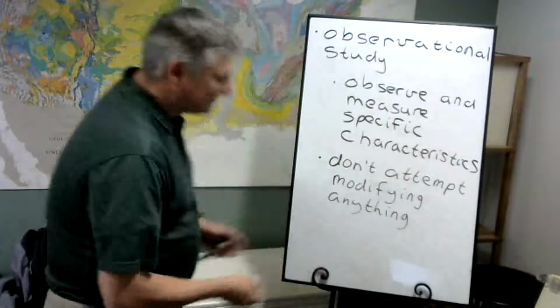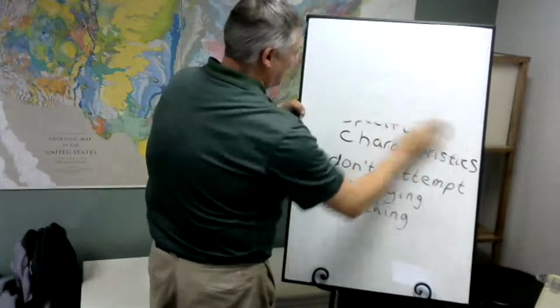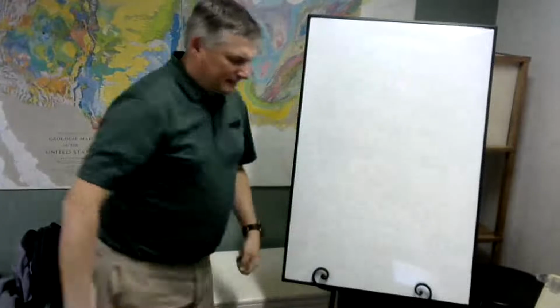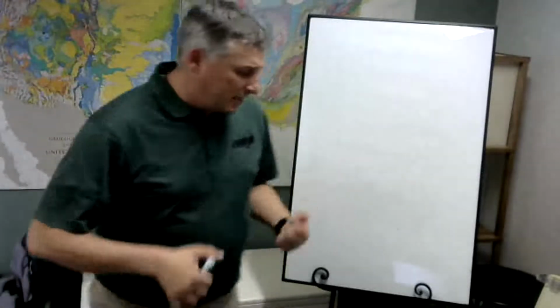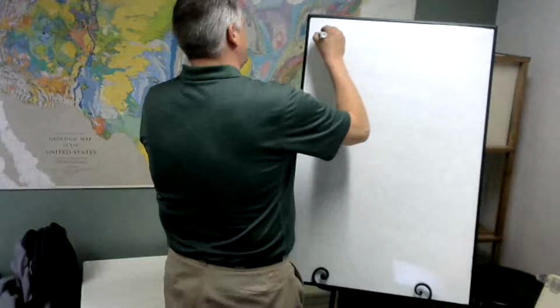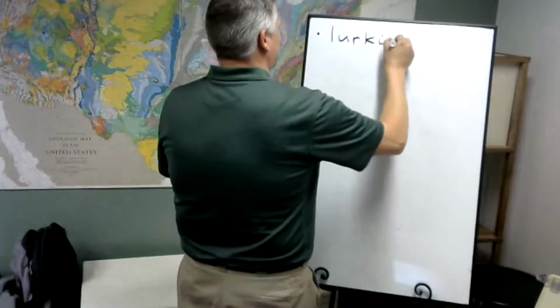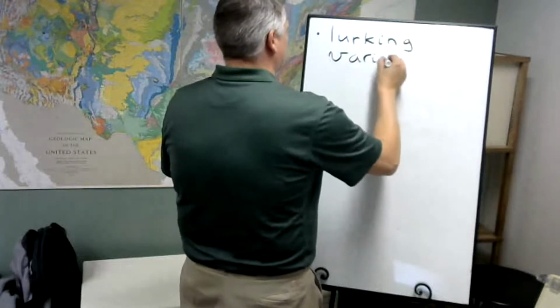Now, we're going to take a look at something that could be an issue with observational studies, and hopefully with experiments you can minimize. Lurking variables.